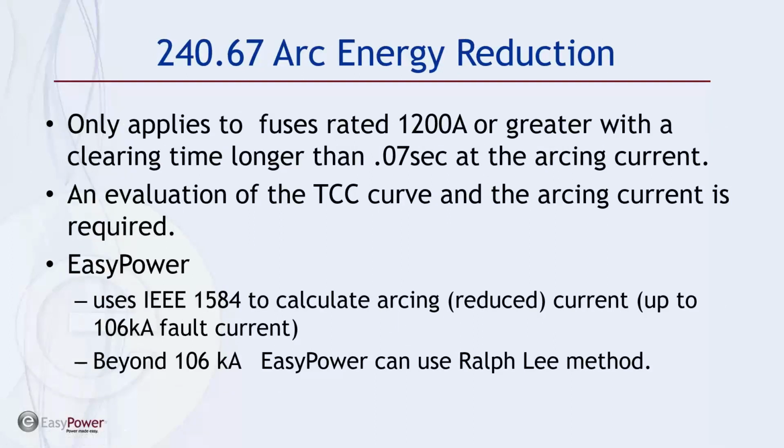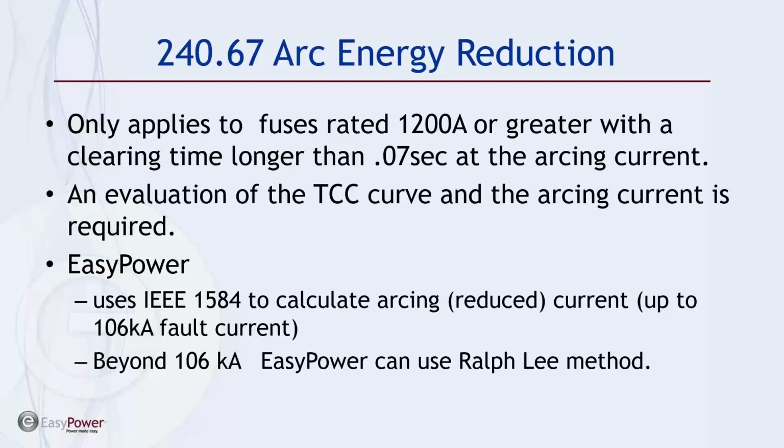So again, it only applies to fuses rated over 1200 amps or greater with a clearing time of 70 milliseconds at the arcing current. There's quite a bit built into this statement, and it's easier to appreciate if you look at the TCC curves.